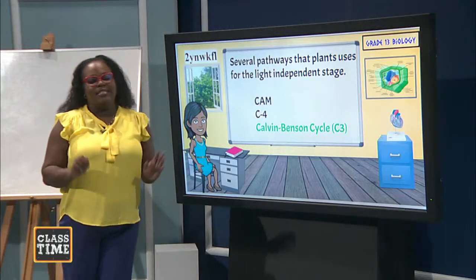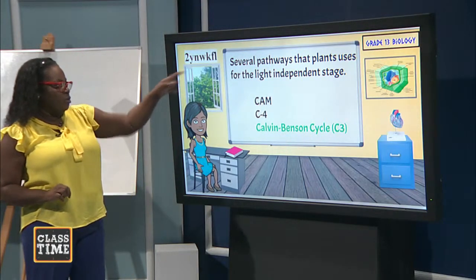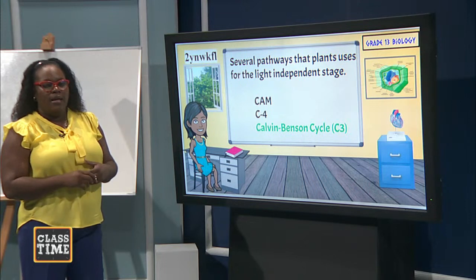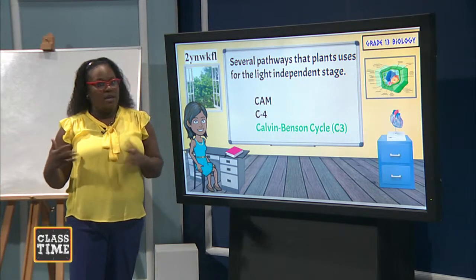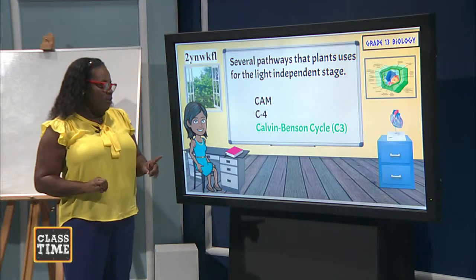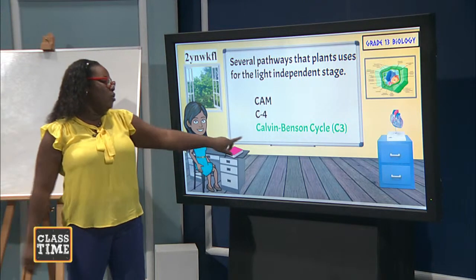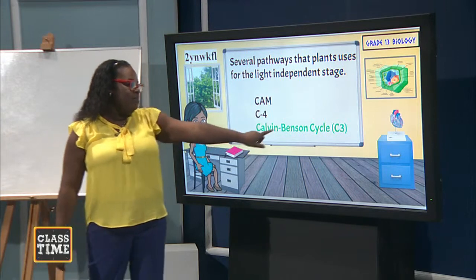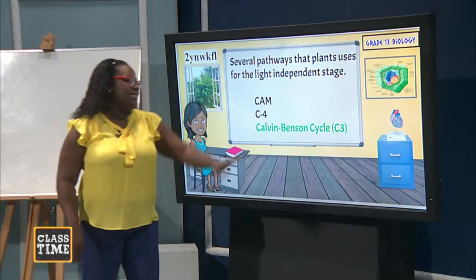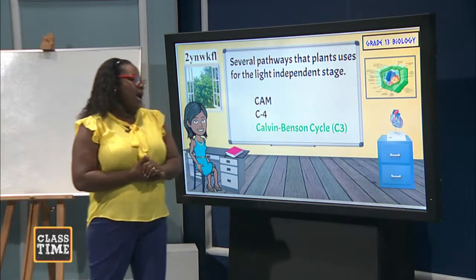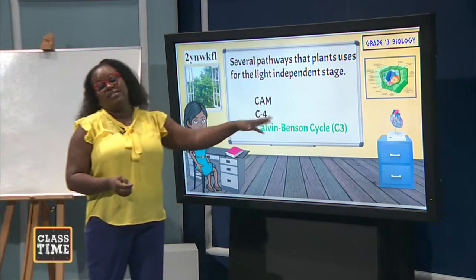All right. Now, there are several pathways by which plants go about making the actual glucose. However, for our syllabus, we are only focusing on the Calvin-Benson cycle. Sometimes in a book you might see the C3 cycle, and sometimes you might just see the Calvin cycle.